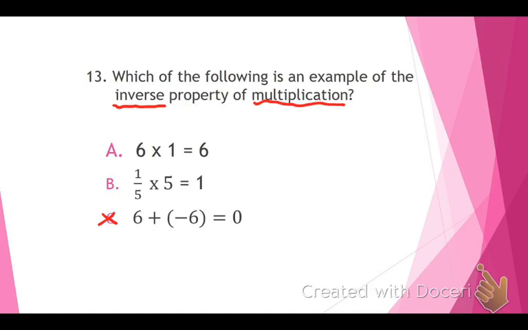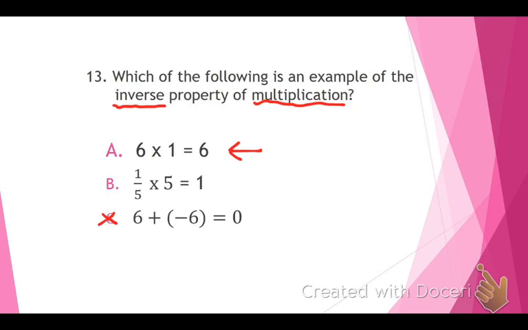Inverse property. What is the key word for inverse? Opposite, okay? 6 times 1 equals 6, or 1/5 times 5 equals 1. Does this one right here, 6 times 1 equals 6, have to do with opposites? No, that has to do with identity. Anything multiplied by a 1 doesn't change its identity.